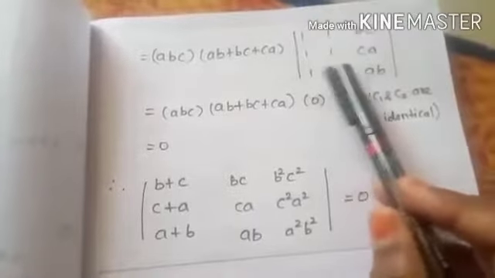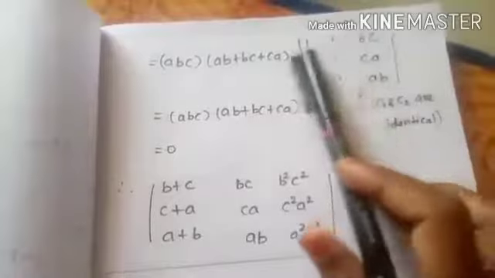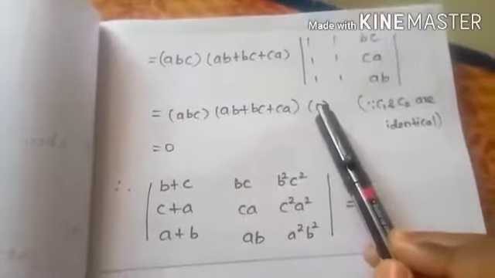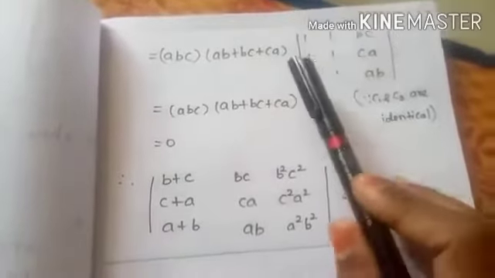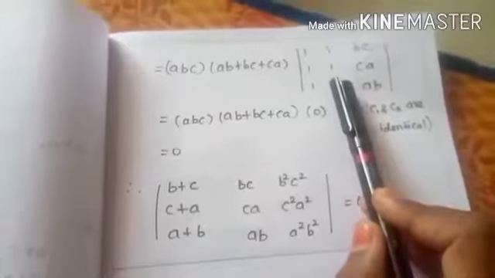In this determinant, C1 and C2 are identical. Therefore the value of this determinant is 0 by the property: in a determinant, if any two rows or any two columns are identical, then the value of the determinant is 0.